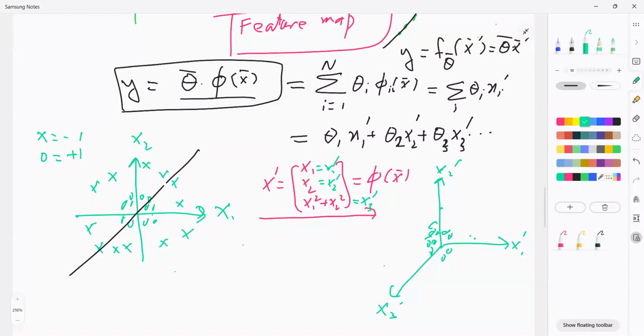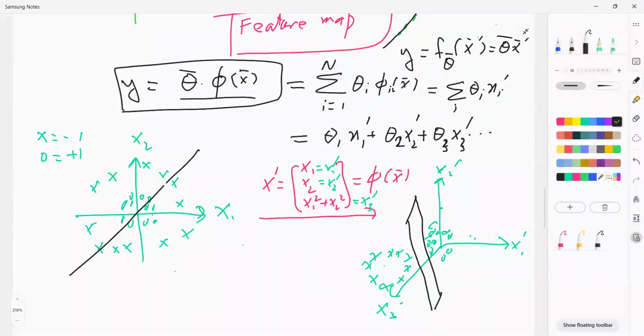So when I take their square and add, I'm going to get the third coordinate very big. So these points might form a circle somewhere over here. And now I can easily draw a hyperplane that can separate the data into two categories.